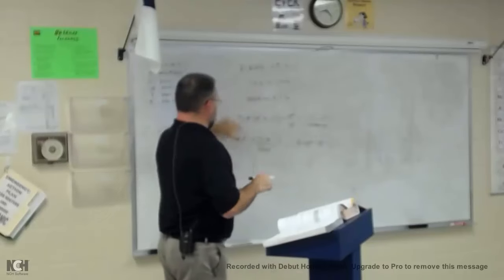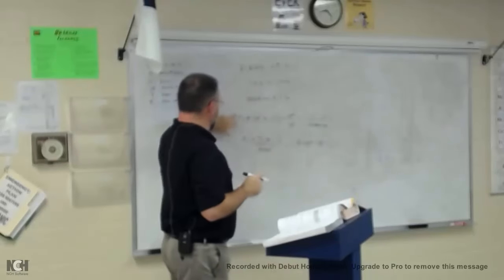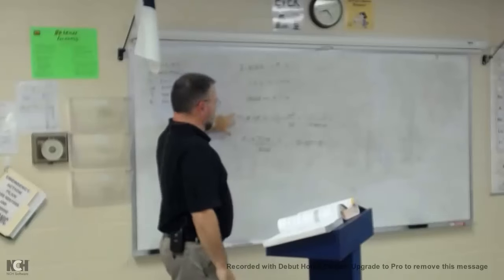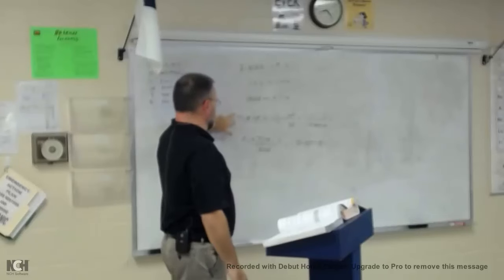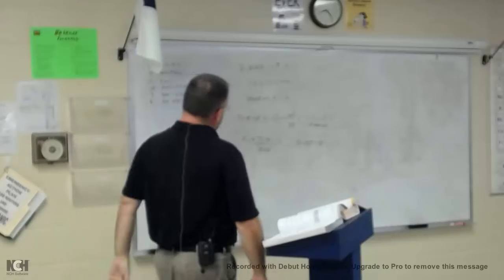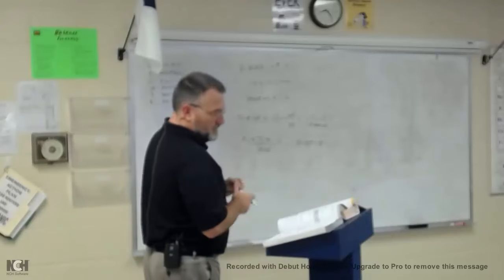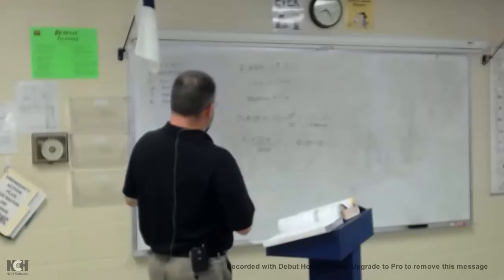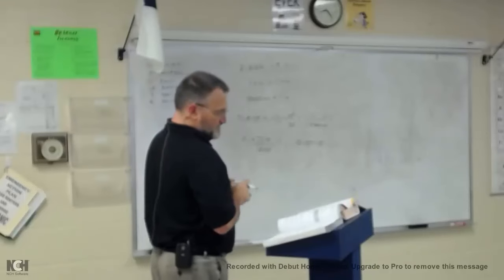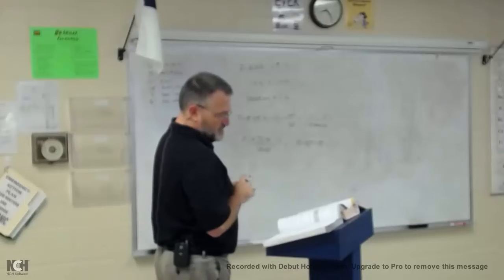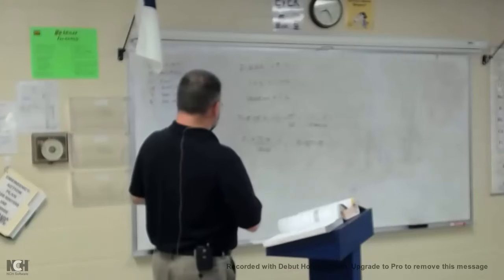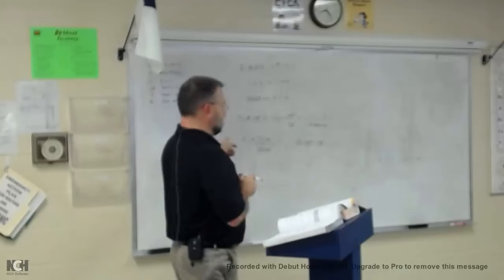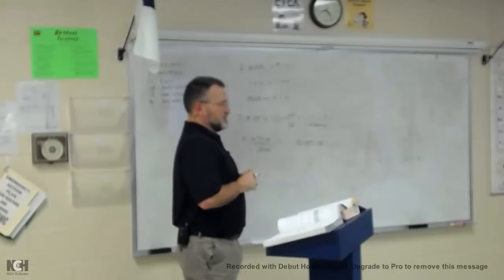Look over here, and what can we say about this number? It's precise to the tenths place, and how many significant figures does it have? 3 significant figures. So our answer must have 3 significant figures, right?